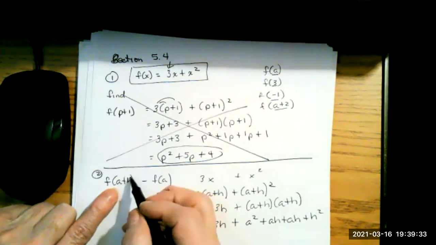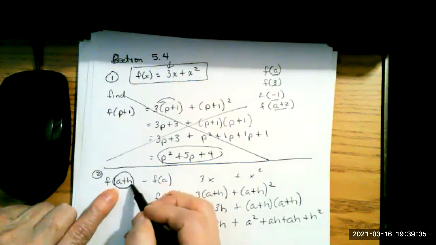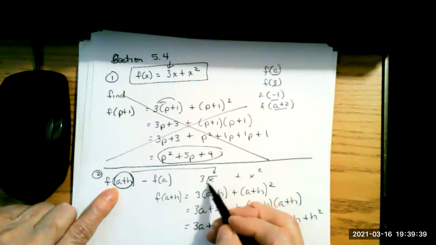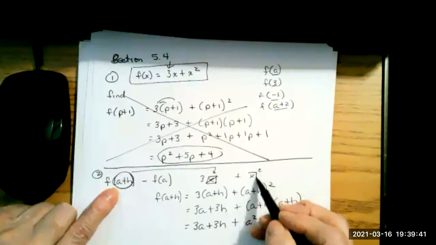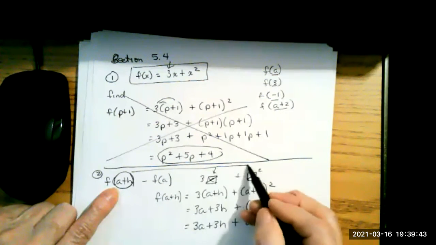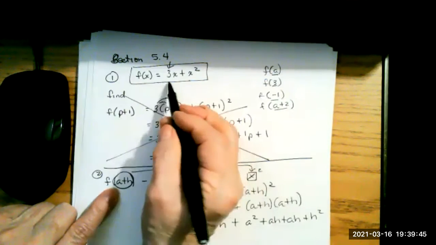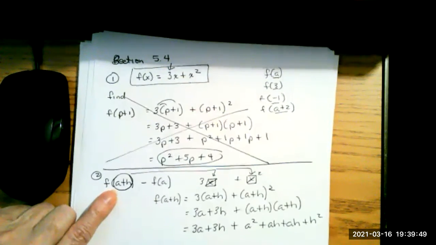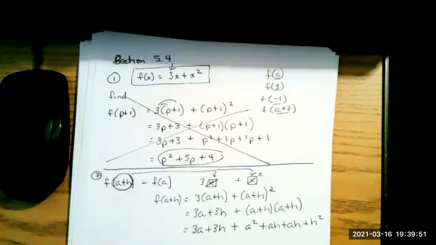You're just taking this a plus h and sticking it in your x spots in your original problem. This is my original problem. You're substituting everything for x, if that makes sense. That's correct. Yeah, I get it, but I think because it's new, like because it's different variables, it's confusing.